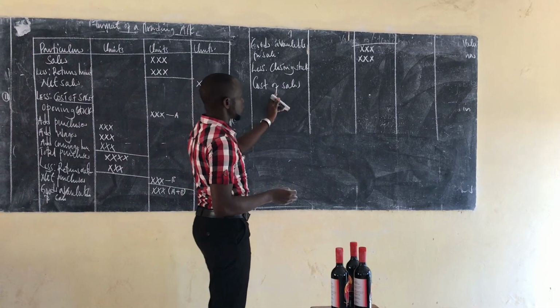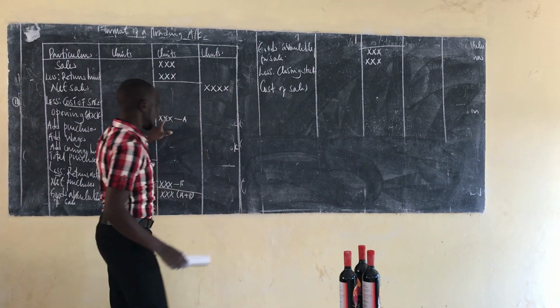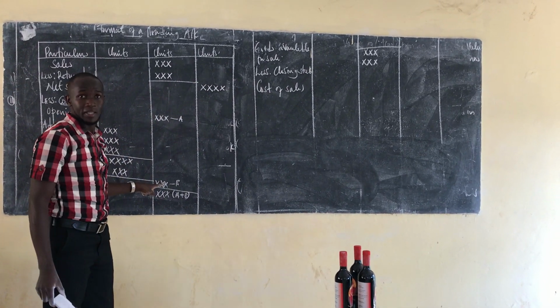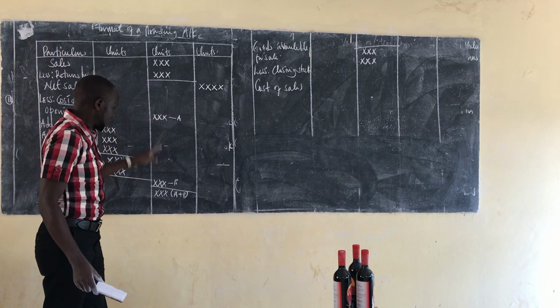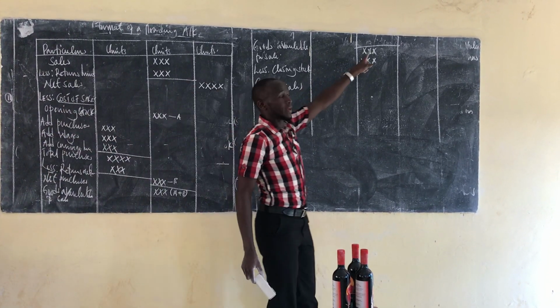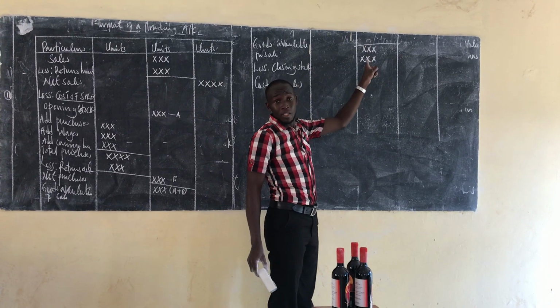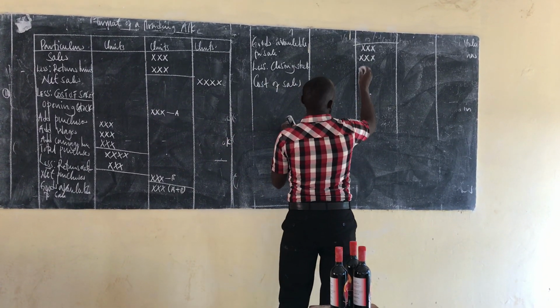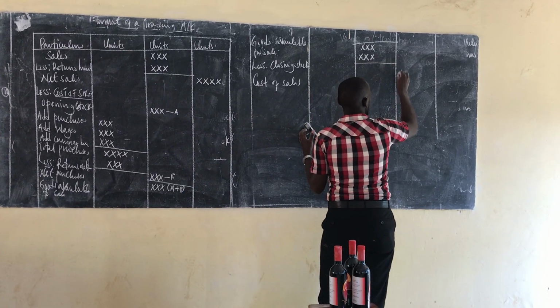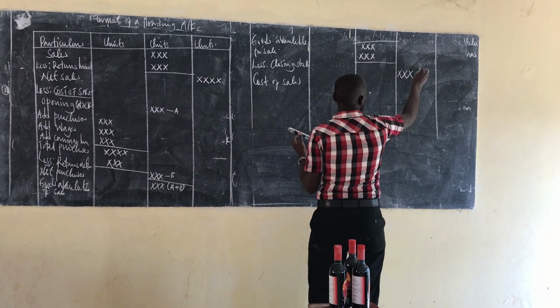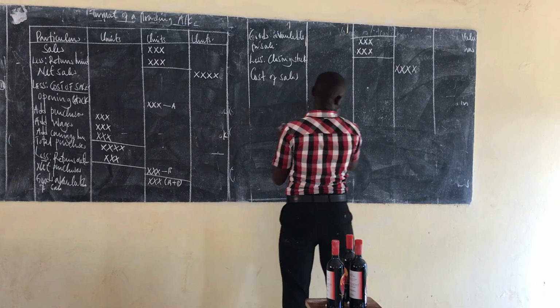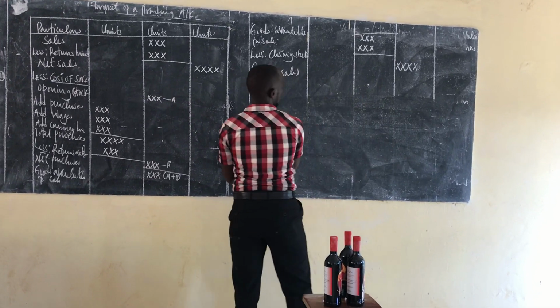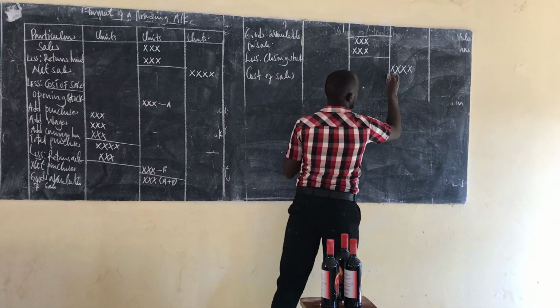You get cost of sales. Cost of sales, getting opening stock plus net purchases. The figure that you get after adding the two became goods available for sale minus closing stock. When you subtract closing stock, what you get becomes cost of sales.